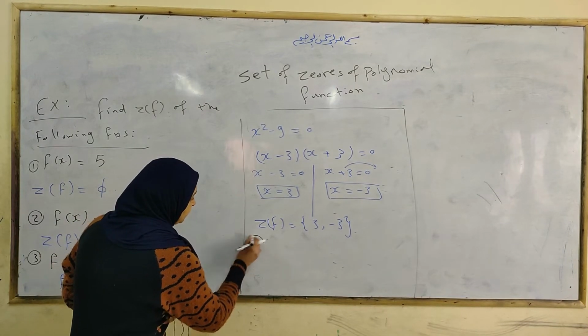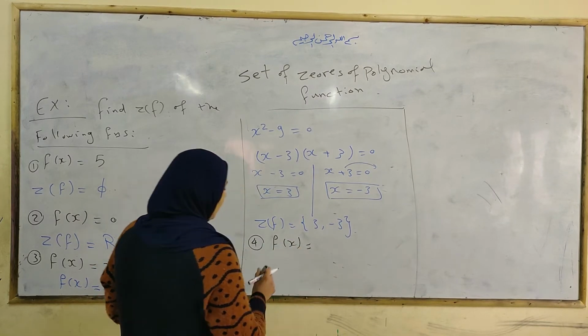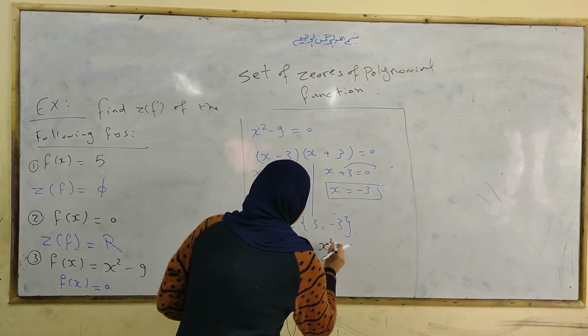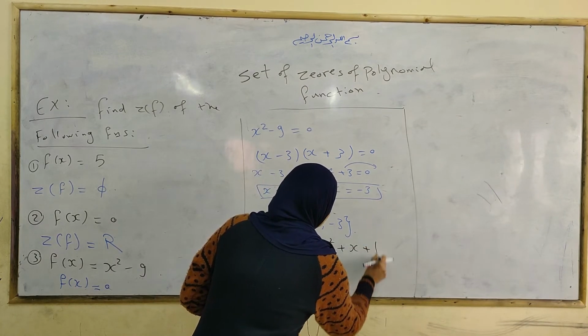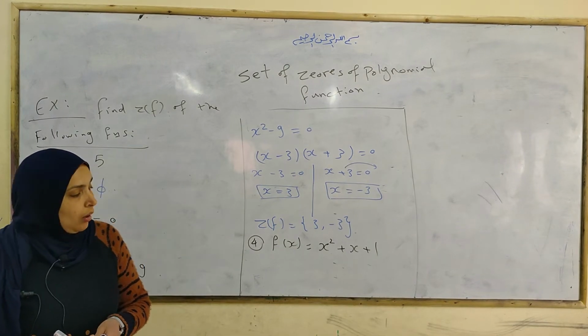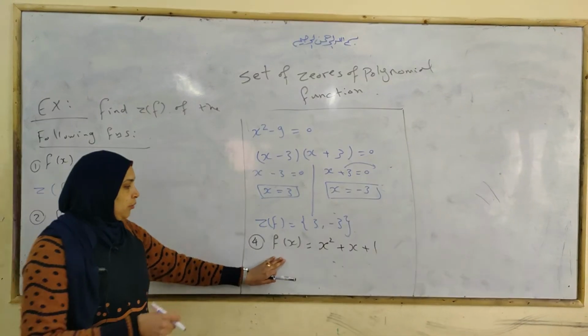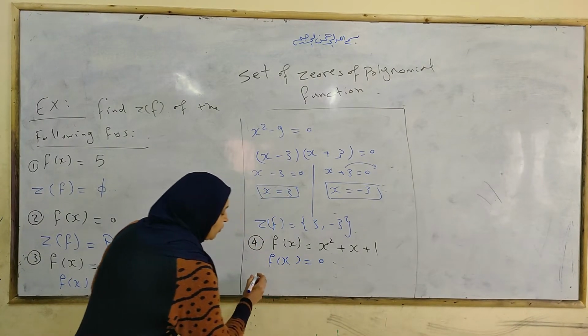Number 4. F of x equals x power 2 plus x plus 1. We must put f of x equals 0.